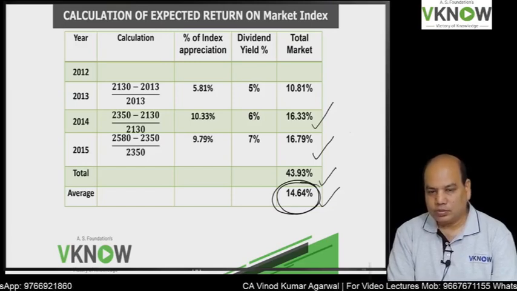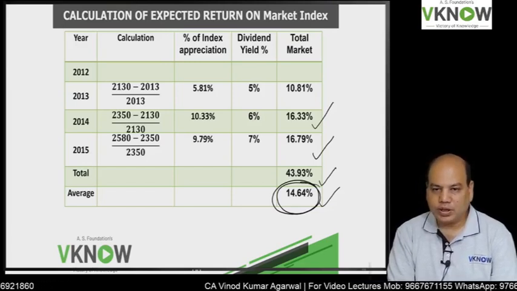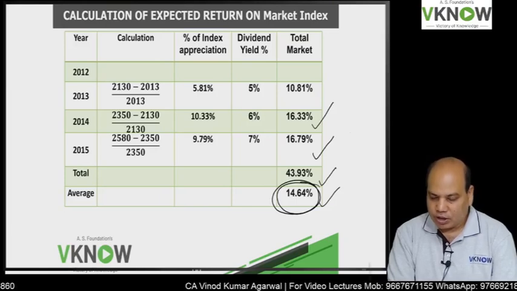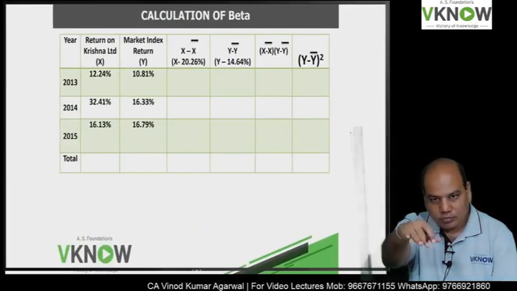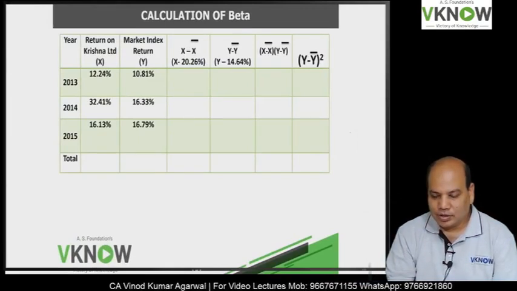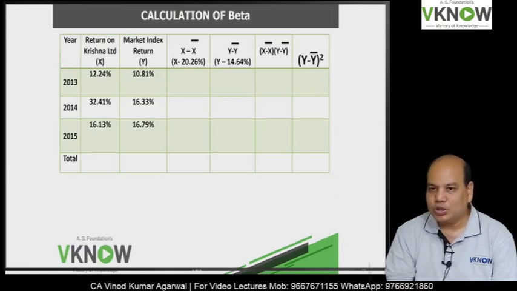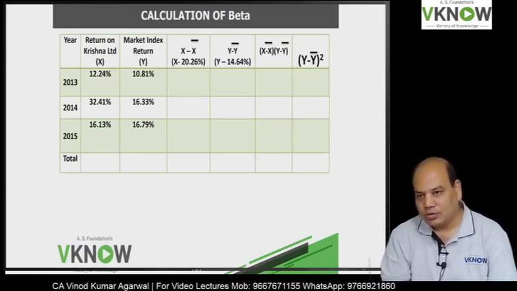So I have got average return of the stock, average return of the market index. So can I not calculate now? Can I not calculate beta now using the formula covariance upon variance of the market? Yes or no?